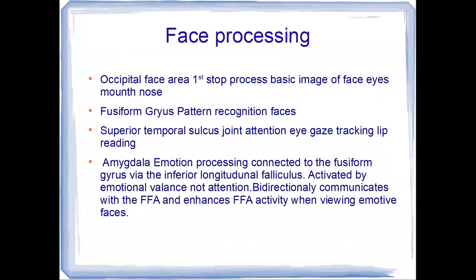So like I stated earlier, the first stop in processing faces is the occipital face area. And this contains a basic mental representation of a face, and it's what allows our brain to kind of create and perceive that general shape and that general image.